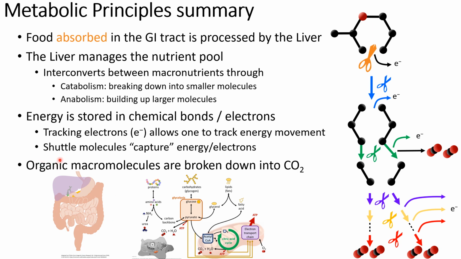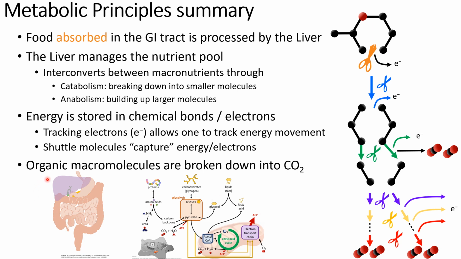And specifically, there are shuttle molecules in these different cycles or processes in cellular respiration, specifically glycolysis and the citric acid cycle and this preparatory step in between, where chemical bonds are broken, releasing electrons, which are then captured by shuttle molecules and moved to different parts of the pathway. And so that's really represented by these yellow lines here in this pathway, where all of these shuttle molecules are taking the electrons and eventually bringing them to the appropriately named electron transport chain.